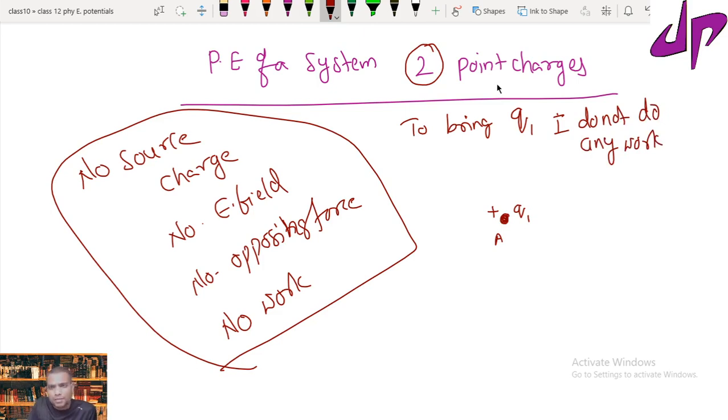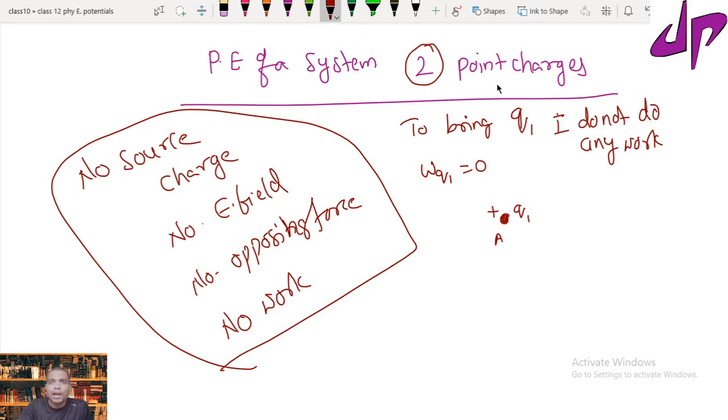Because there is no force opposing me. Initially I did not take any source charge; I have taken empty space. If there is no Coulomb force opposing, I can bring the first charge easily. So the work done to bring charge q1 will become 0. I hope you got this point.